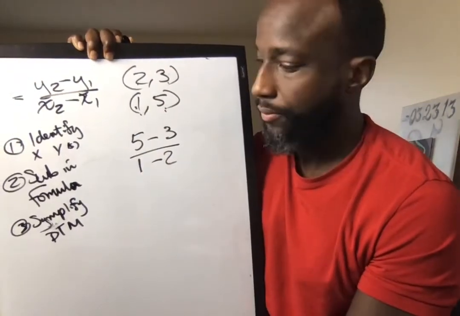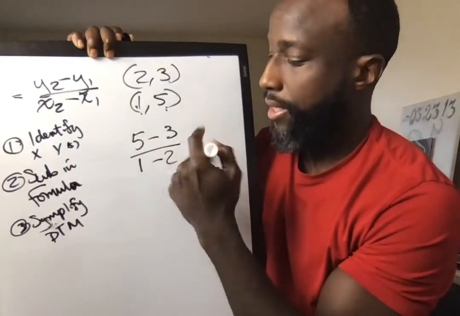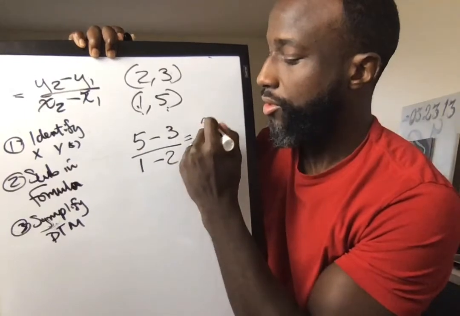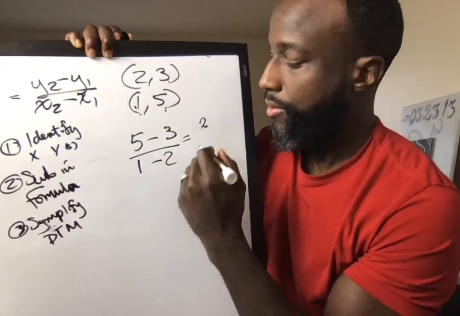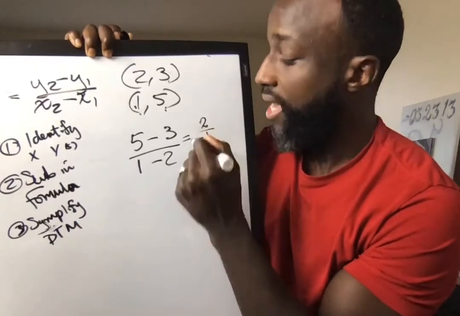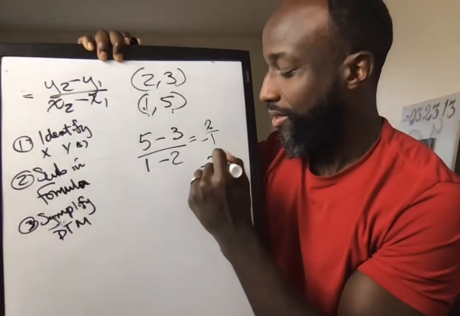Okay? Simplify, do the math. 5 minus 3 is 2. 1 minus 2 is negative 1. Ooh, another negative slope. All right, so your slope is going to be negative 2.